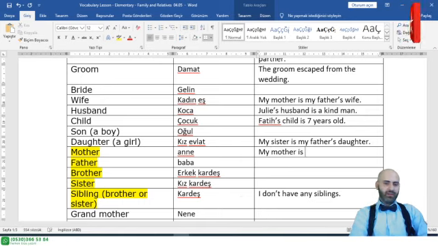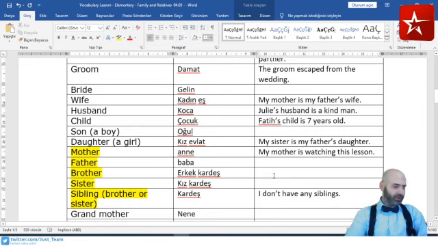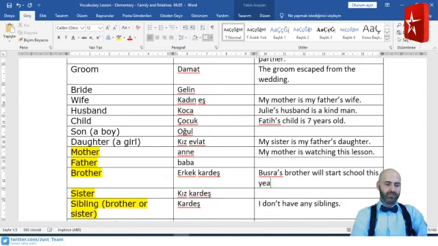My mother is watching this lesson. This is true. I can give you an example like this. Okay, Bushra's brother will start school this year.